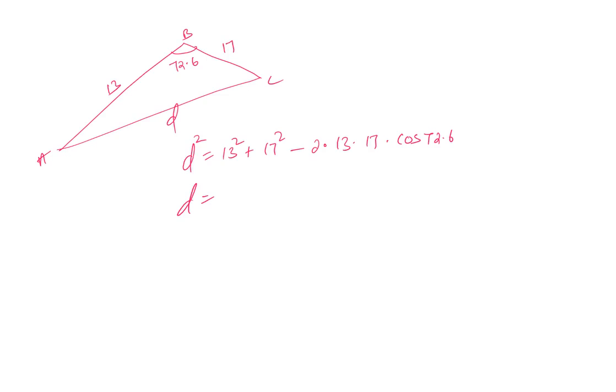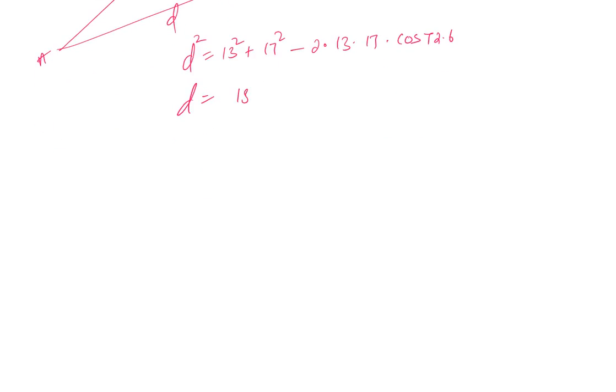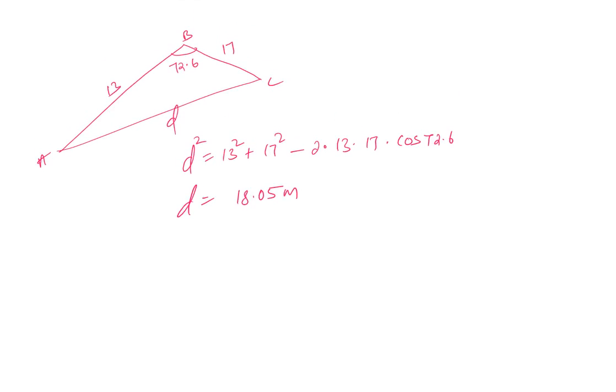I'll start off with the square root of 13 square plus 17 square minus 2 times 13 times 17 times cosine of 72.6. So I'm getting 18.05 meters, which is, I calculated D directly instead of doing D squared and then doing the square root.